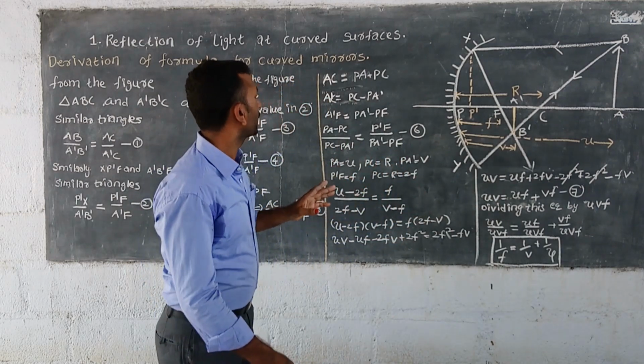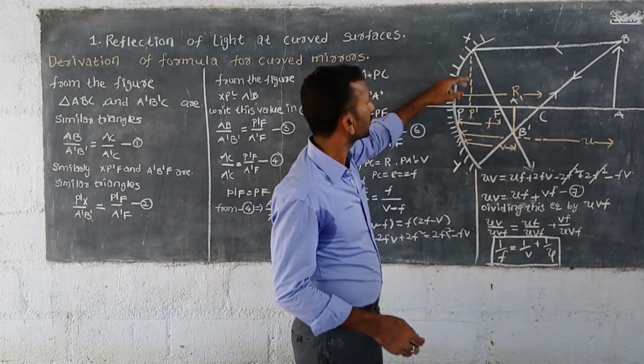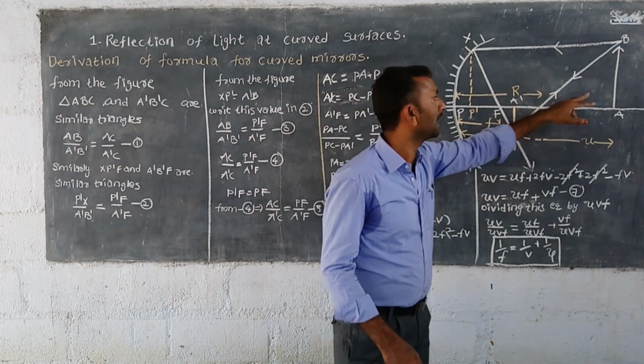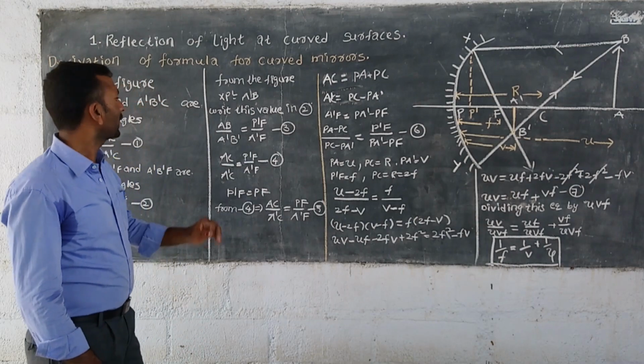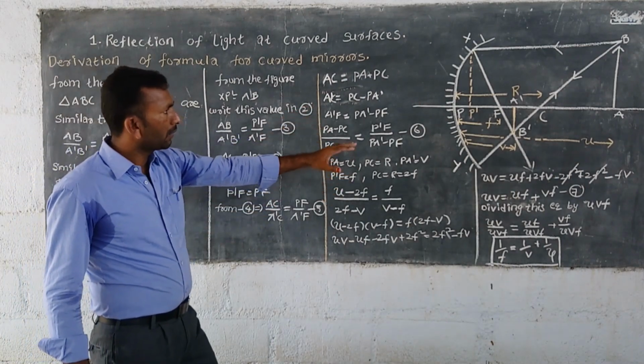By using the triangle theory, we can write the ratio of the sides.